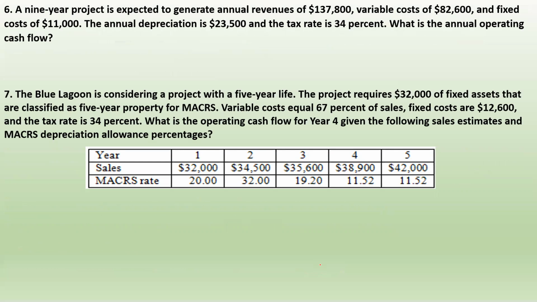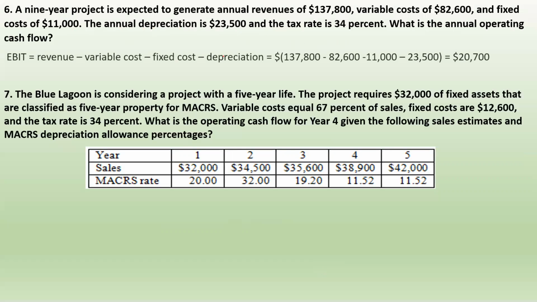Question 6 is that a 9-year project is expected to generate annual revenues of 137,800, variable cost, fixed cost, annual depreciation, tax rate, then what's the annual operating cash flow?